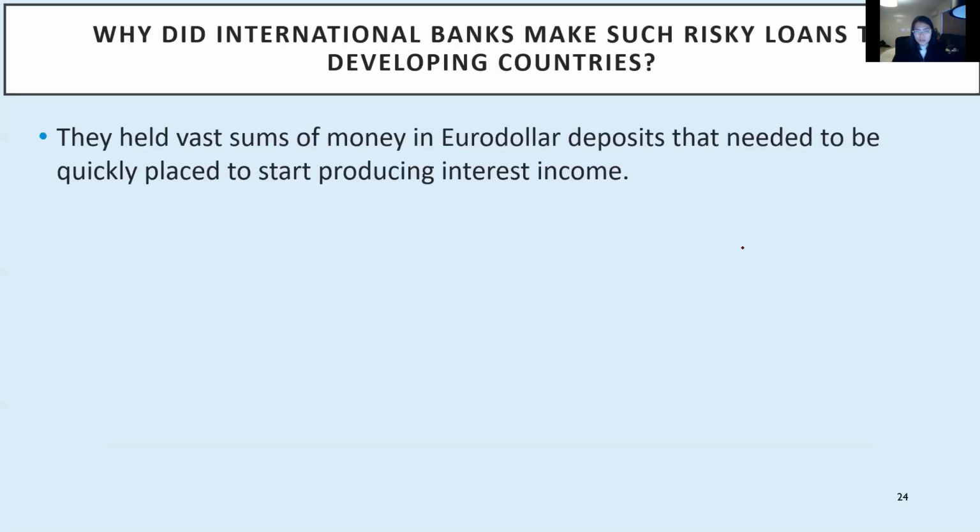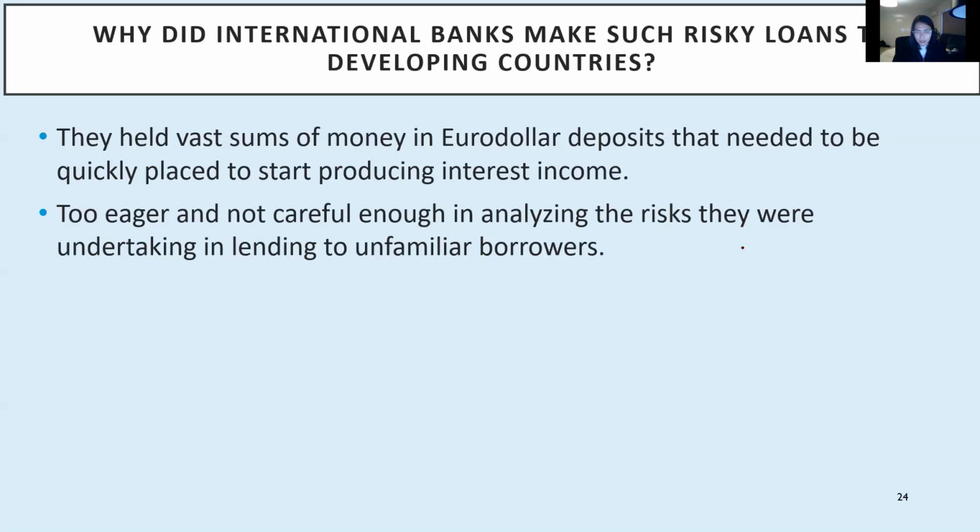One reason was that because of the large liquidity that they got from the OPEC countries, they had to quickly find a place that yields them high interest rates, right? And Latin American countries at that time needed a lot of money for their development. They did not very carefully analyze the riskiness of their borrowers.